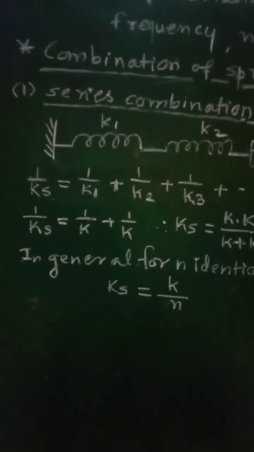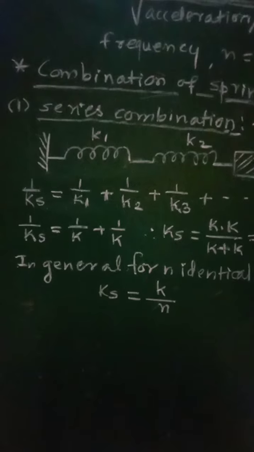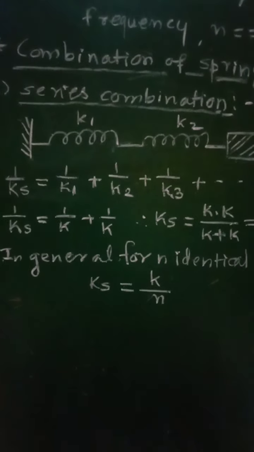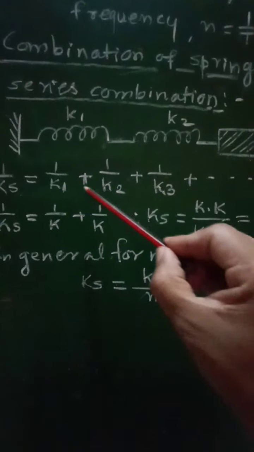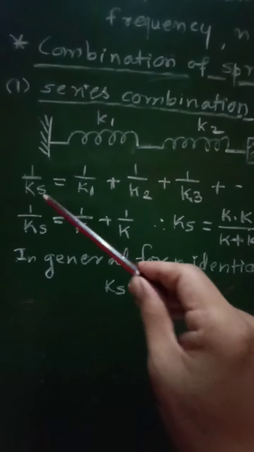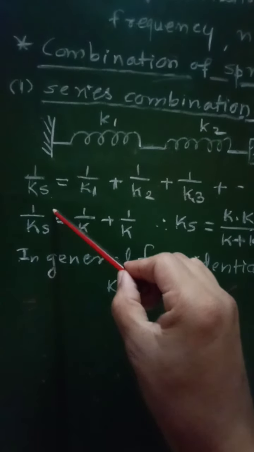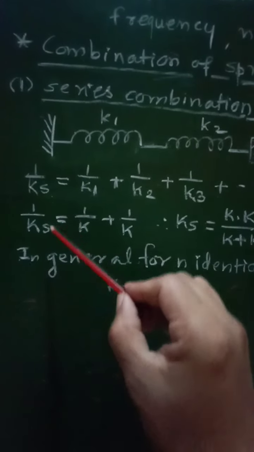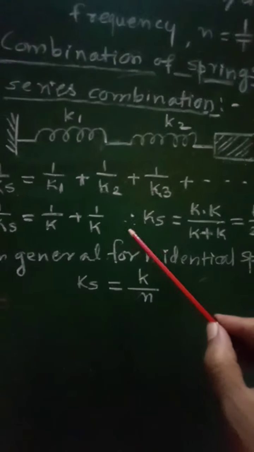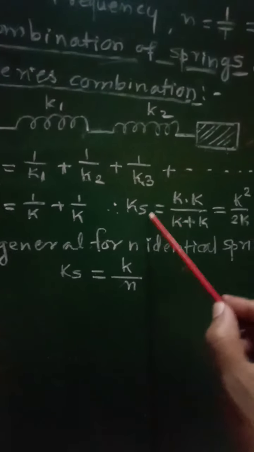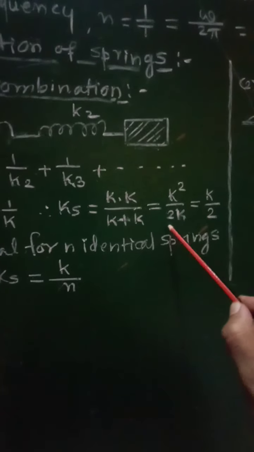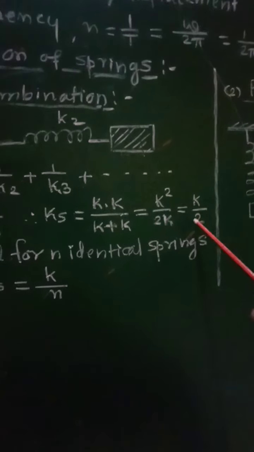If we consider only two springs which are identical and massless, K1 equals K2 equals K, and therefore 1 by Ks equals 1 by K plus 1 by K. So Ks equals K into K upon K plus K, which is K square upon 2K, that is K by 2.